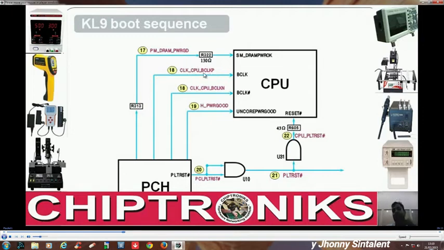I will discuss this signal: it is actually generated by a clock generator in a dual core based board, but here it's generated by the PCH because the clock generator is inside this PCH.